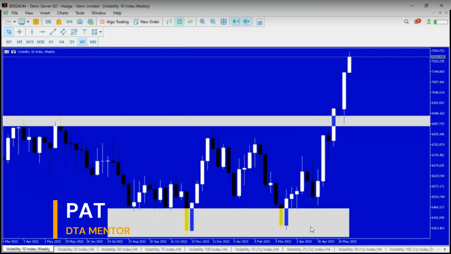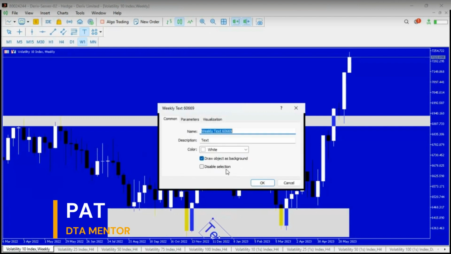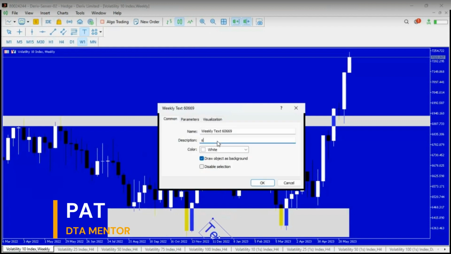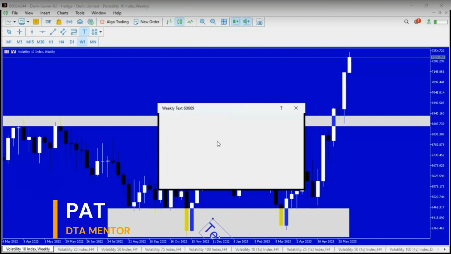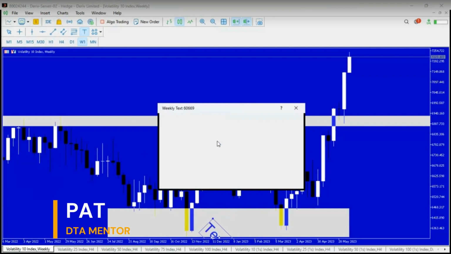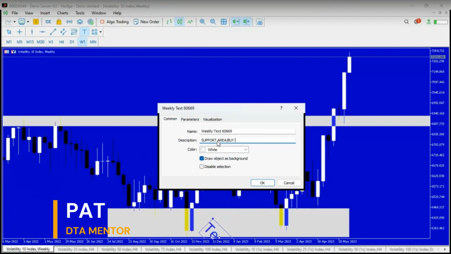Let me just write it so that you all can see. This was actually our support area or buy area.